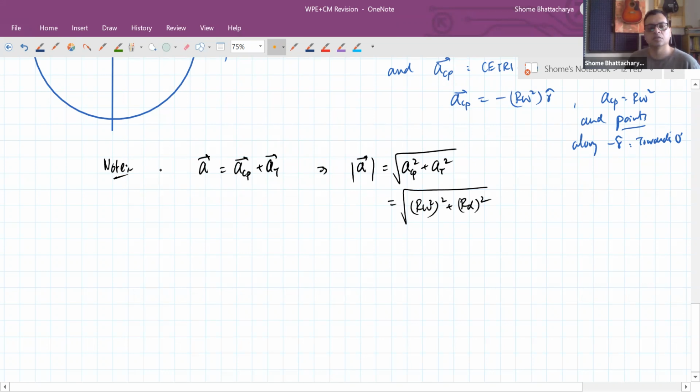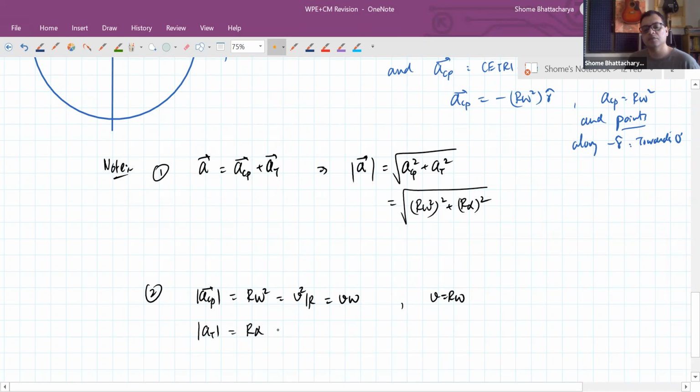Like this. First thing. Secondly, the magnitude of the centripetal acceleration can also be written as v square by r or v into omega, because we have this relation already. Whereas the magnitude of the tangential acceleration is r alpha, can also be written as r into rate of change of omega, which can also be written as dv by dt.